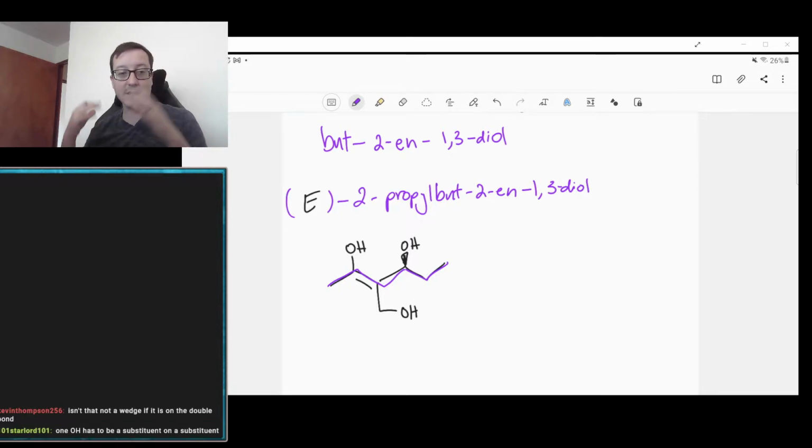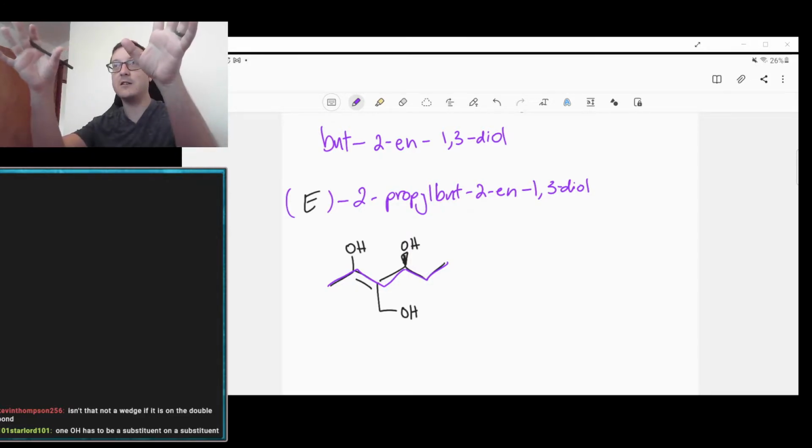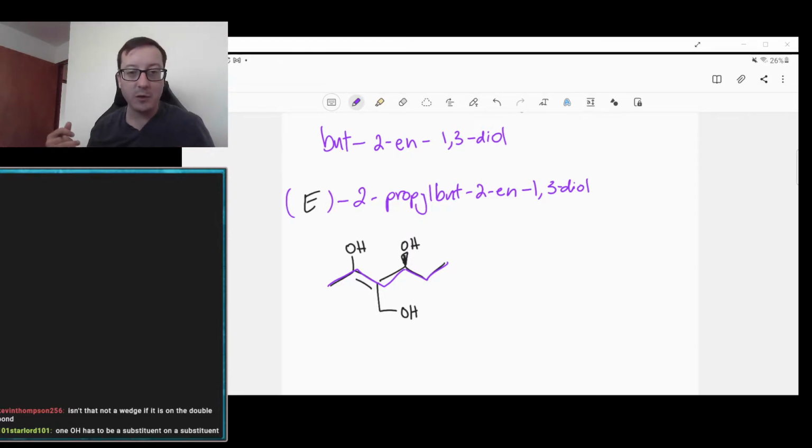So if one side had 2 alcohols, yeah, exactly. Jackson's got it right. If one side had 2 alcohols and the other one had 2 alcohols and an alkene, you'll want to go with the one that gives you the most stuff, assuming they're the same length. In this case, that's what we're doing. We are going to choose the one that has the most alcohols and the most carbons, and so we're going to go from there.